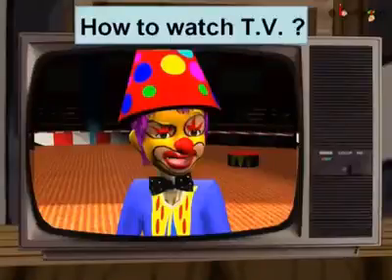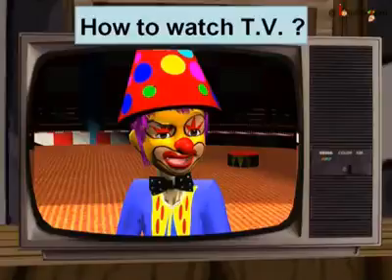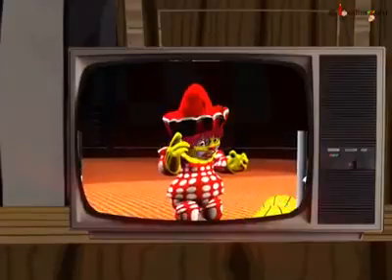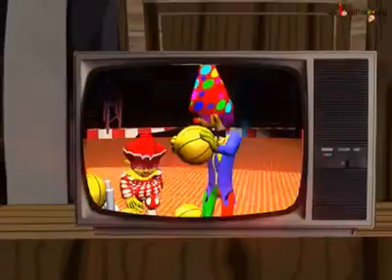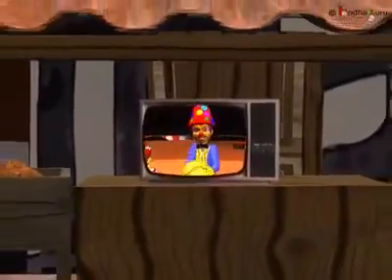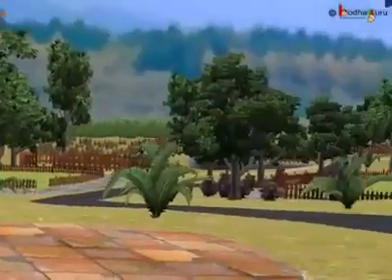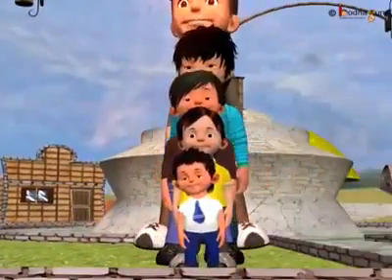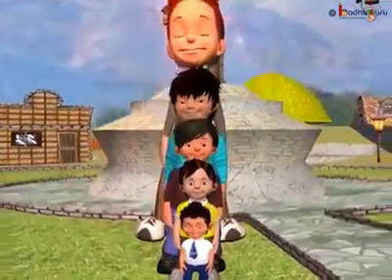Now, if they want to watch the TV standing in a line, one behind the other, how should they stand so that all can watch properly? See, here the children are standing in order of increasing height. The child with the shortest height is standing in the front.